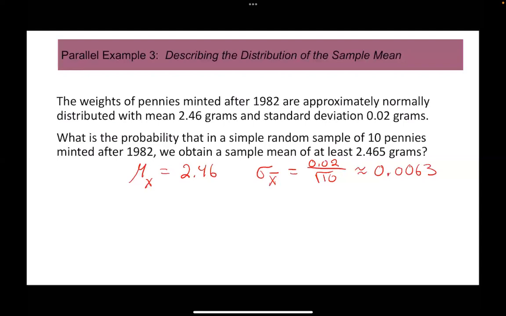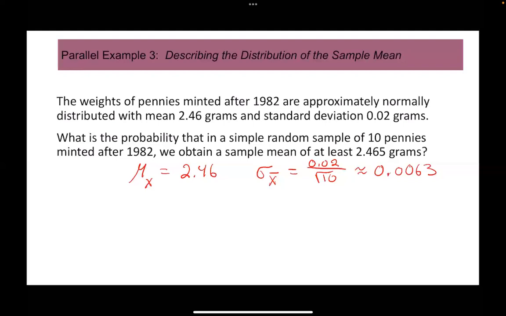Oh, I didn't do the divided by. I just did the square root. Yeah, divided by makes a difference. Did you get there? Yeah, I got it. Okay, good.